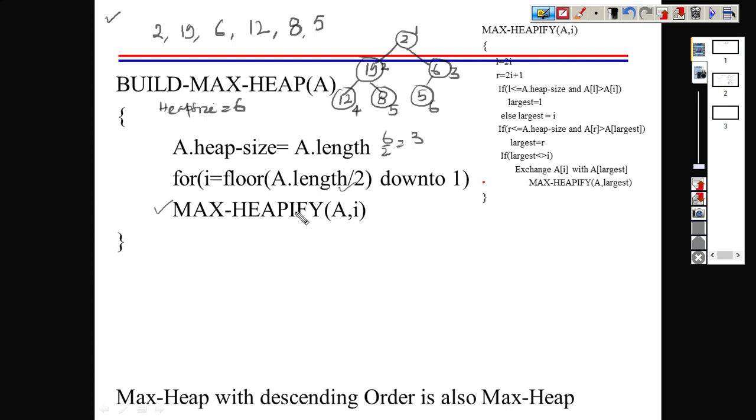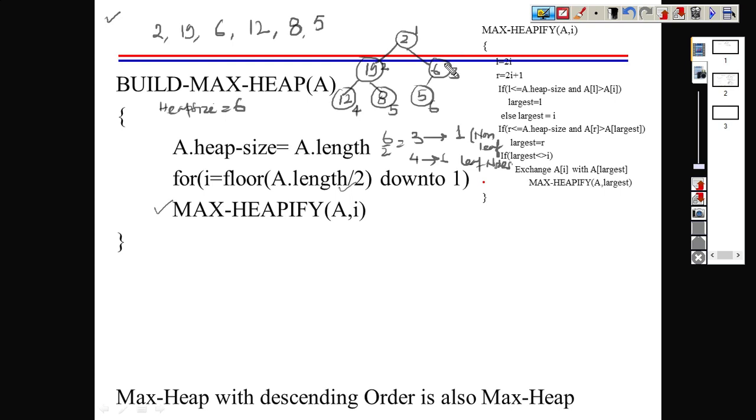That means 3 to 1 are all non-leaf nodes, and 4 to 6 are all leaf nodes. So you can see here 1, 2, 3 are non-leaf nodes, and 4, 5, 6 are all leaf nodes. We have already discussed this in the property. So now what is required? We need to apply Max-Heapify on the non-leaf nodes starting from the last non-leaf.